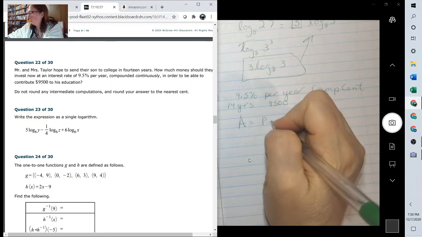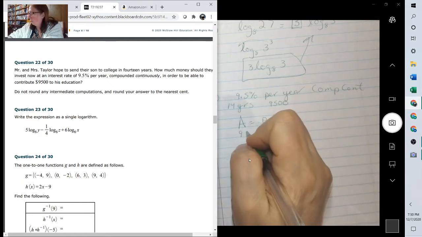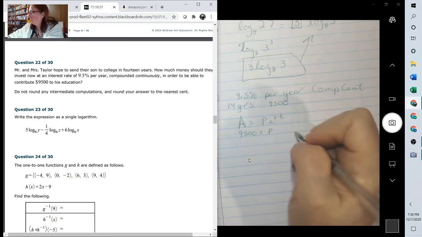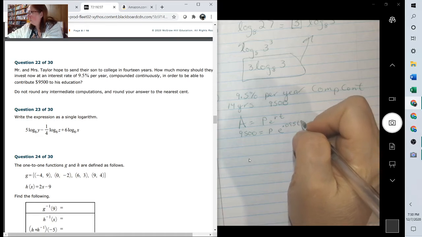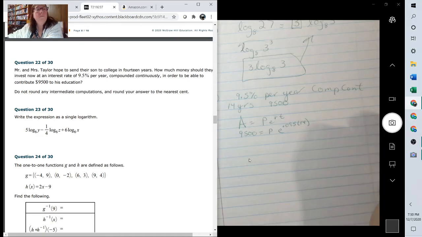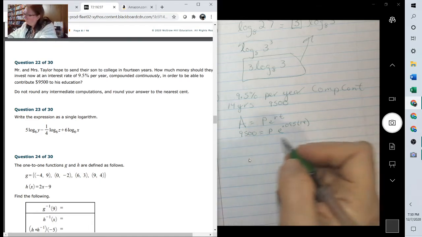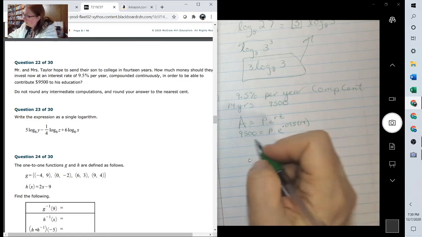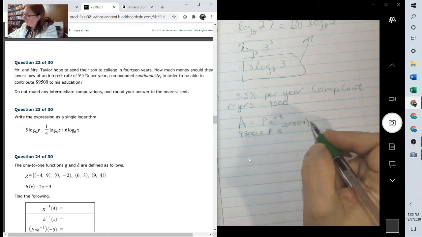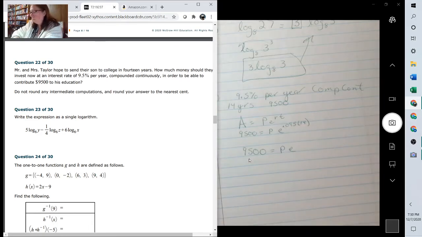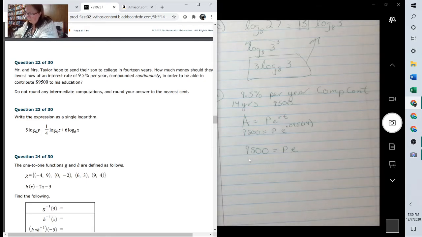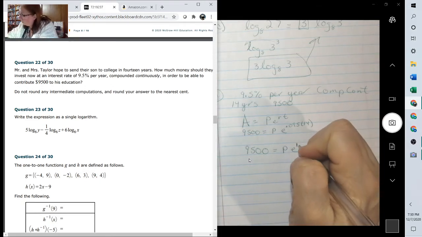Compounded continuously is PERT. We want 9,500 at the end. We want to know how much we need now at 0.095 for 14 years. Do not round, and then at the end, round to the nearest cent. We're looking for P. You could multiply this first. .095 times 14 is 1.33.